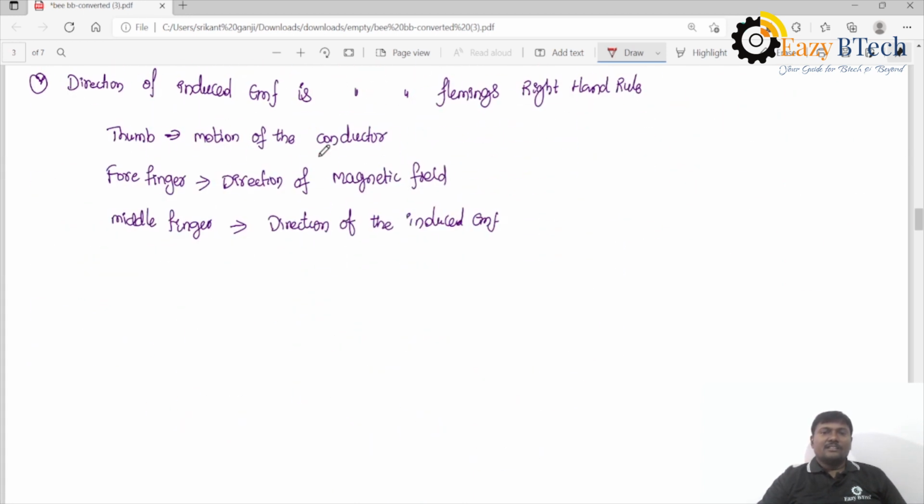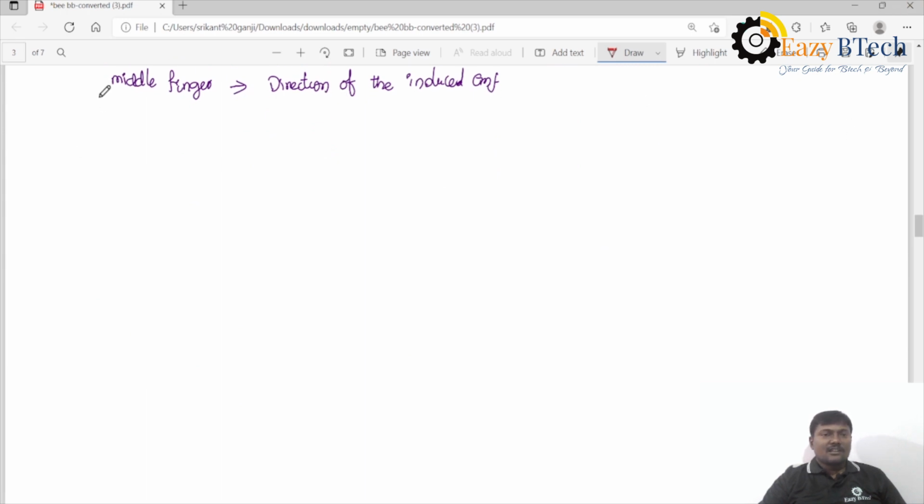Sometimes in examinations, the simple loop generator is also asked: explain the principle of operation of a DC machine or DC generator with a simple loop.